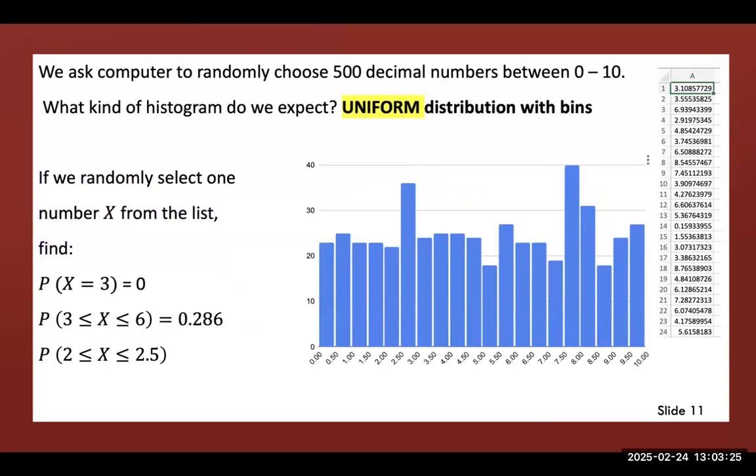I've changed the bins to a width of 0.5. Now I clicked on the column between 2 and 2.5, and there were 22 elements in that column. So 22 over 500 is 0.044. So these are the probabilities for this particular situation where I chose 500 numbers.